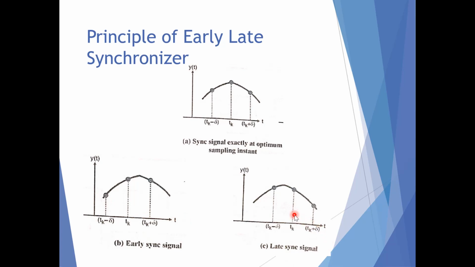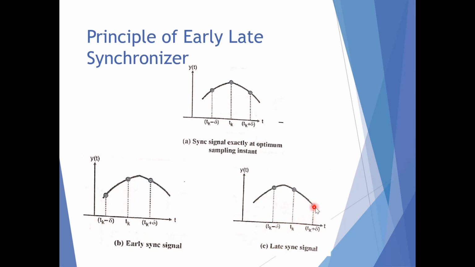In the other case, a late synchronized signal, the synchronization is late. Ideally synchronization should be at this point, Tk, the optimum sampling instant.